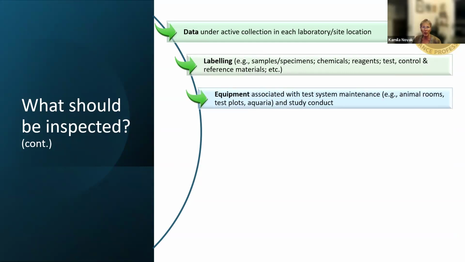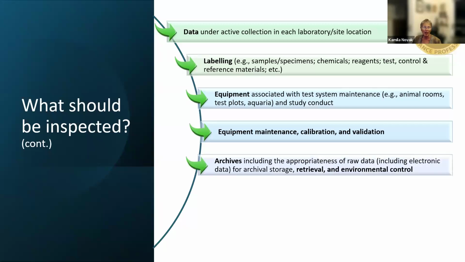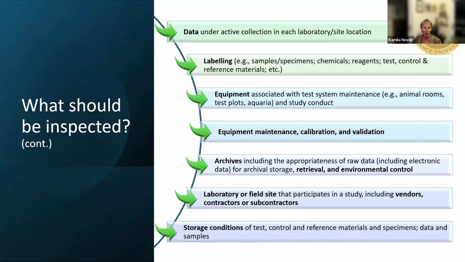Equipment, we already talked about equipment, but this is more associated with test system maintenance, like animal rooms, test pods, area, and study conduct. Maintenance itself, calibration, validation where required, archives, including retrieval and environmental controls. Lab or field site that participates in a study, including vendors, contractors, subcontractors, and storage conditions, whatever we need for the study.